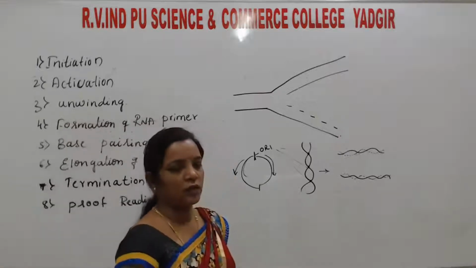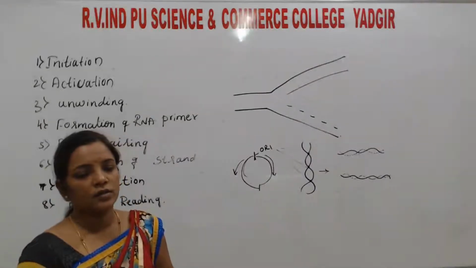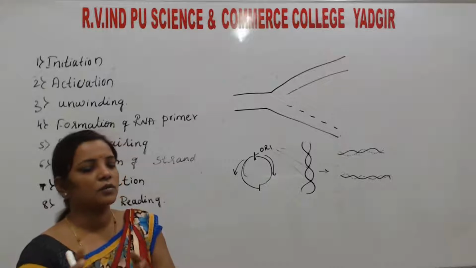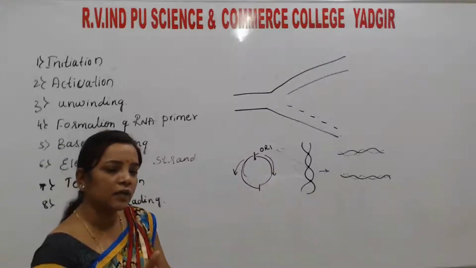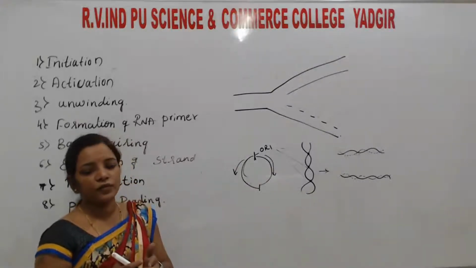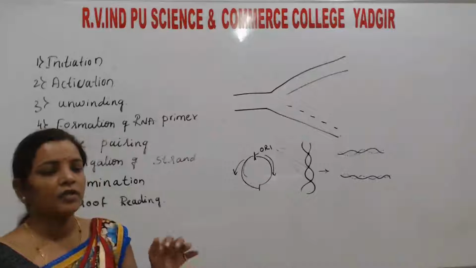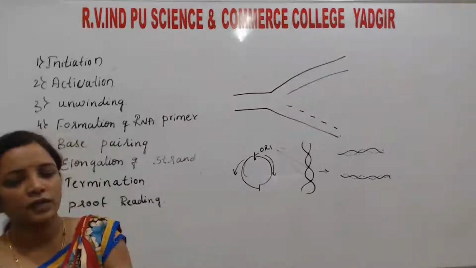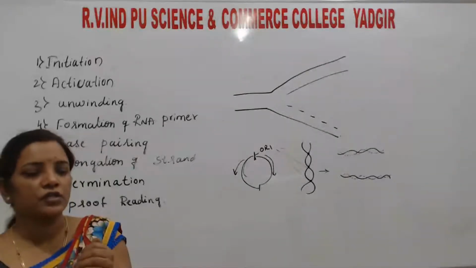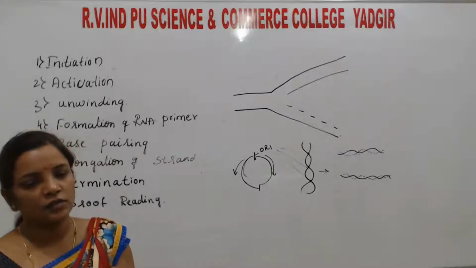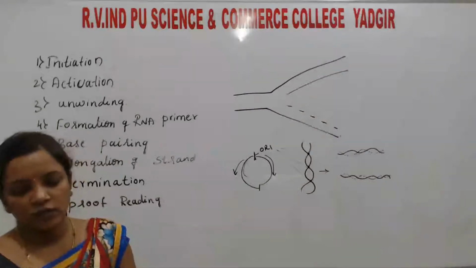Deoxyadenosine monophosphate, deoxyguanosine monophosphate, deoxycytidine monophosphate, and deoxythymidine monophosphate should not stay as monophosphates; they are converted into triphosphates in the presence of the enzyme phosphorylase. By phosphorylation, monophosphate converts into triphosphate, like dATP, dGTP, dCTP, and dTTP.